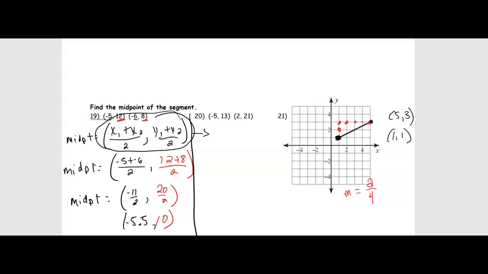So we can divide each of these by 2. That would just be 1 over 2. If we now do that, let's go up 1 and right 2. Notice how that takes us right to the middle of that line segment. And then we can just label that point. That point ended up at the point (3, 2). That has to be our midpoint.